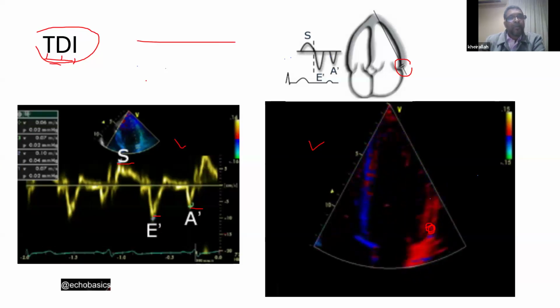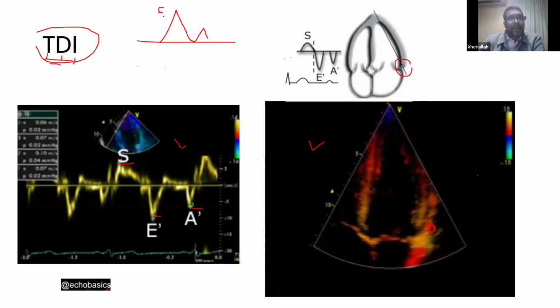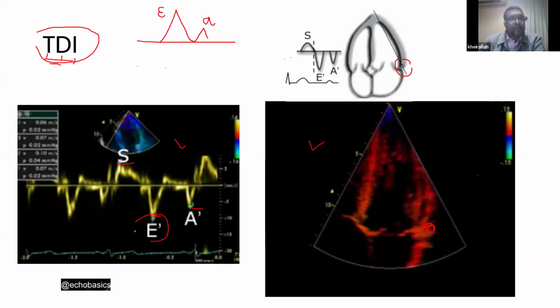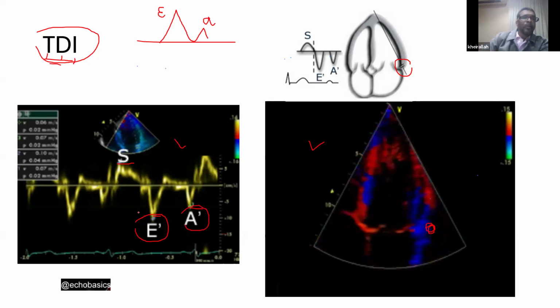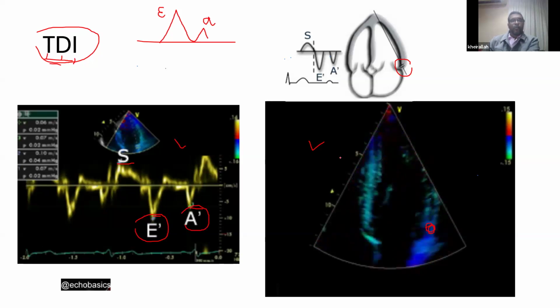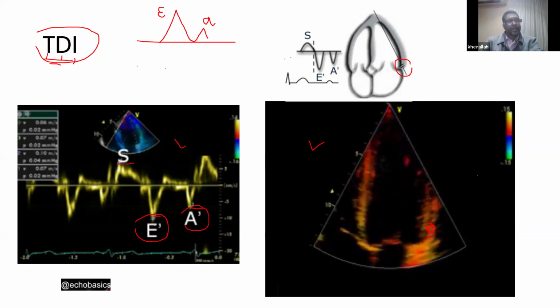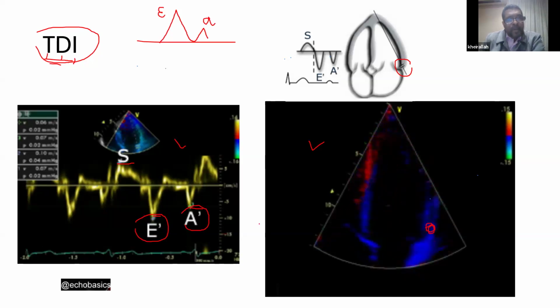In the mitral inflow, we have E and A, E and A. This is named E prime and A prime so that you know it is not E and A of the mitral inflow. But they are the same, it's due to the same mechanics, yeah? E prime and A prime. So it is about the mechanics of this point.